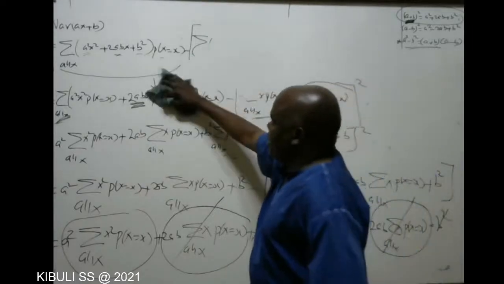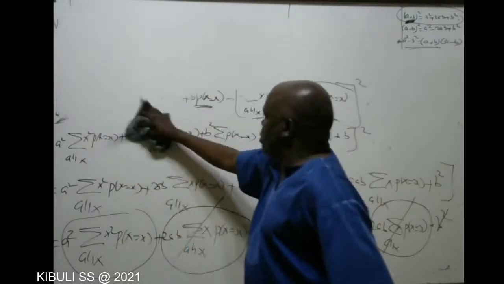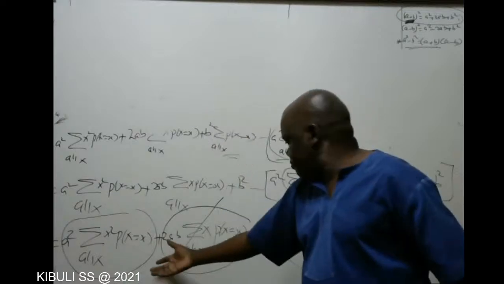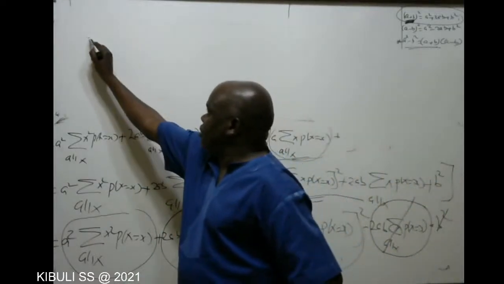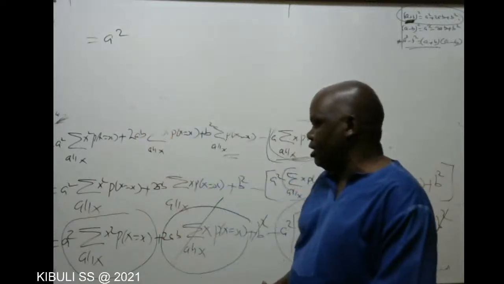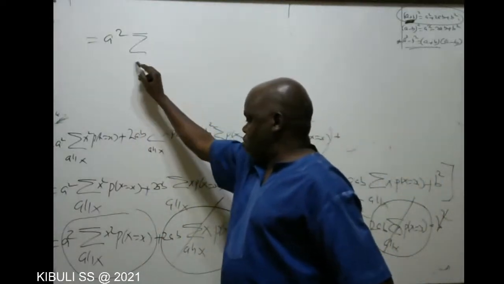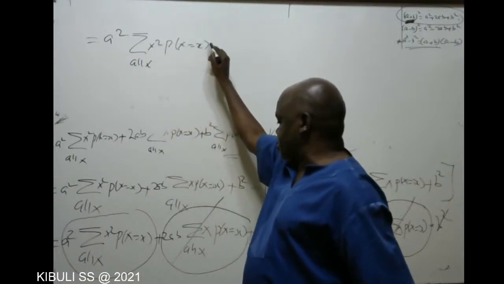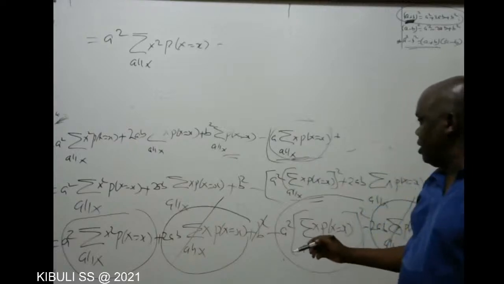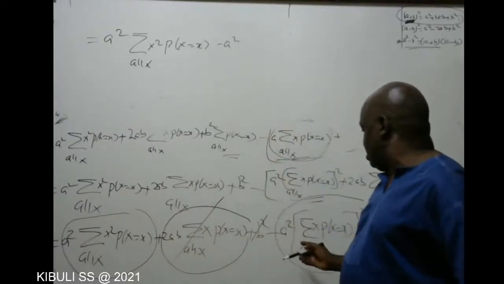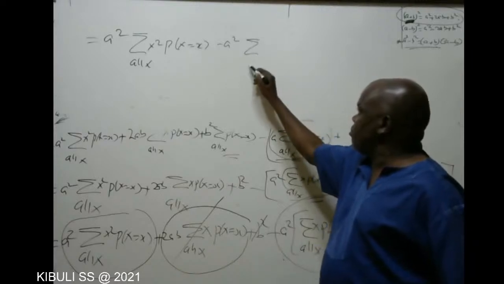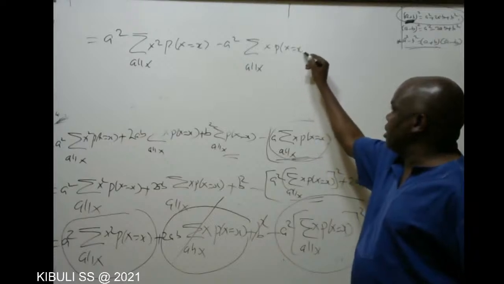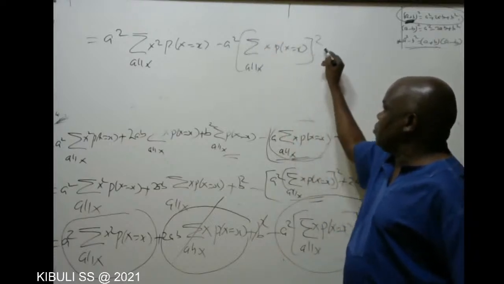Therefore, I can now write that this value will be equal to a squared, sum of all x squared, probability of X equal to x, minus a squared, sum of all x, probability of X equal to x. This one is squared.